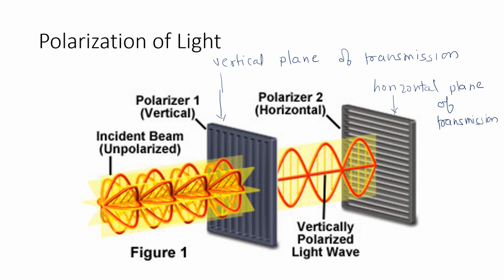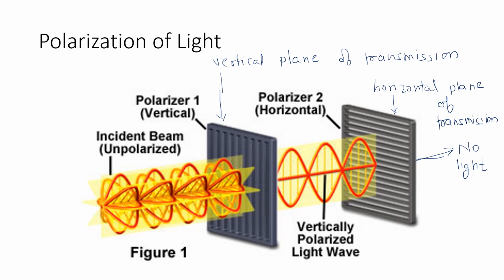No, only vertical vibrations are there. So no horizontal vibrations can pass through this polarizer. Here we will get no light, because the vibrations which passed through the first polarizer will be blocked by this polarizer, as it has a horizontal plane of transmission. So we will not get any light coming out of this polarizer.